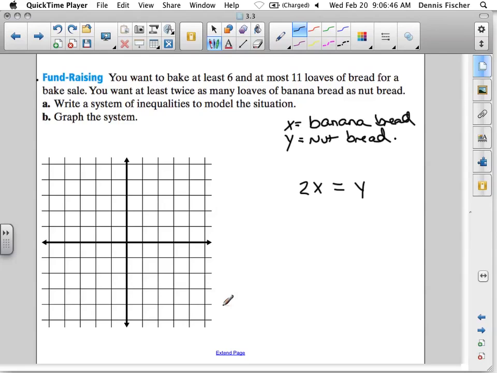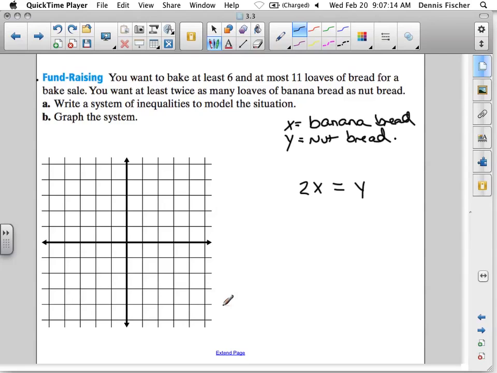Let's say I wrote down, I want twice as many loaves of banana bread as nut bread. Okay? I want twice as many. Which one's more? So if I didn't have the 2, are they equal? No, banana bread would be more, right? Yeah, greater. Banana bread's going to be more because we want more banana bread than nut bread, right? So if banana bread was more and I put a 2 in front of it, is it going to be equal now?